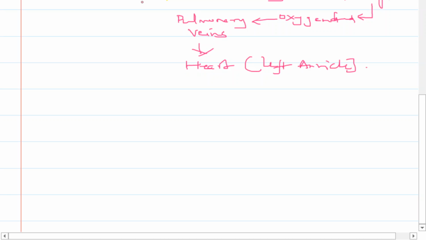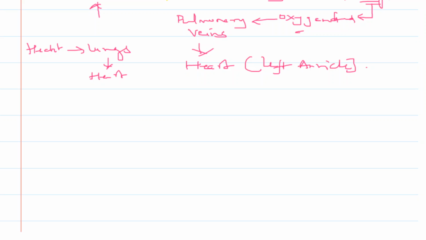So this is the pulmonary circulation, where the deoxygenated blood goes to the lungs to get oxygenated and comes back to the heart. This cycle from the heart to the lungs, and from there back to the heart, in the meanwhile getting oxygenated, is called pulmonary circulation.